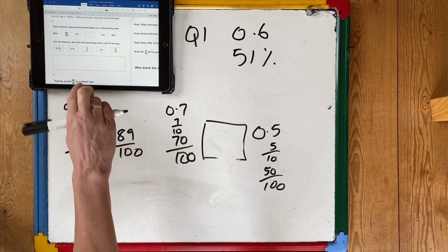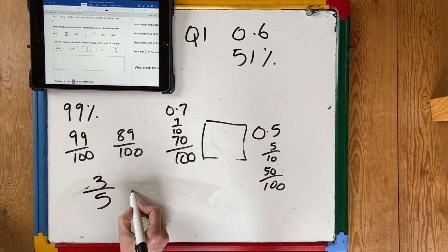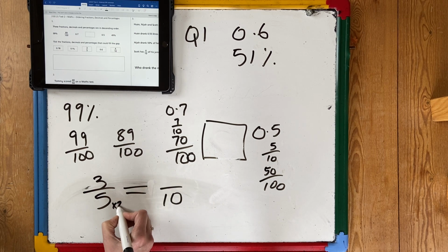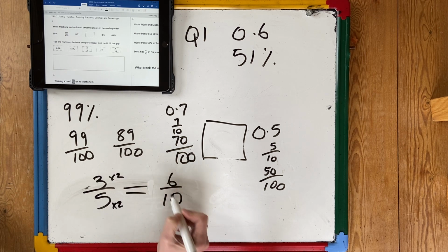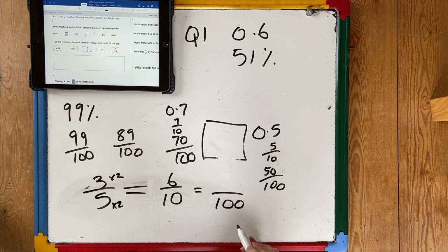Could 3/5 go in there? What's the equivalent fraction in tenths first? So times the numerator by 2. 3 times 2 is 6. So 3/5 is the equivalent of 6/10. And then what's the equivalent fraction in hundredths?